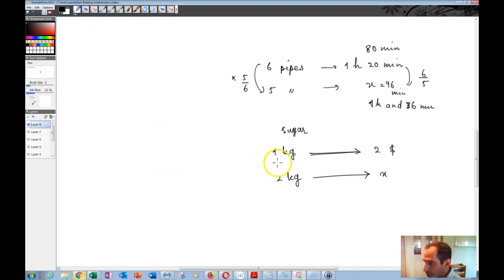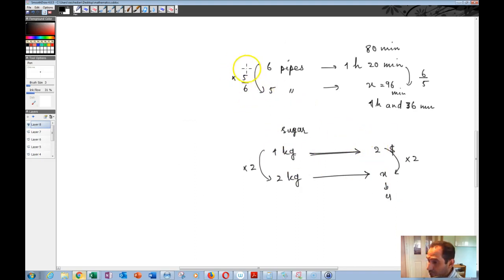If I multiply my 1 by 2, I get to 2. So over here, if I multiply this number by the same number, times 2, I get to the number that I need here. So 2 times 2 is equal to 4. So 2 kilograms of sugar is going to cost me $4, when 1 kilogram cost me $2.